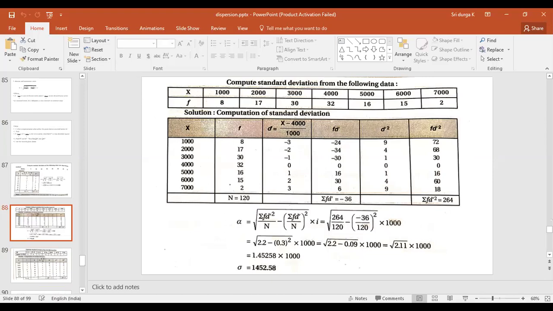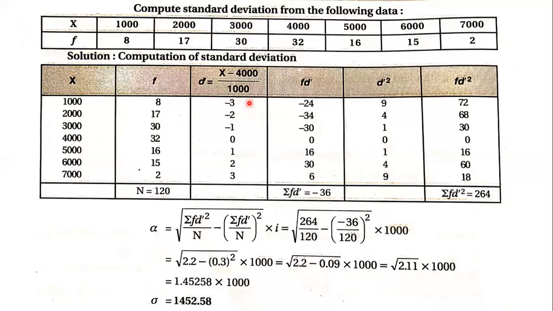Let's continue. After D dash, we have to multiply this D dash into frequency. So we multiply these two columns and find FD dash. After finding FD dash, this is completed. Now take this D dash column and square it.